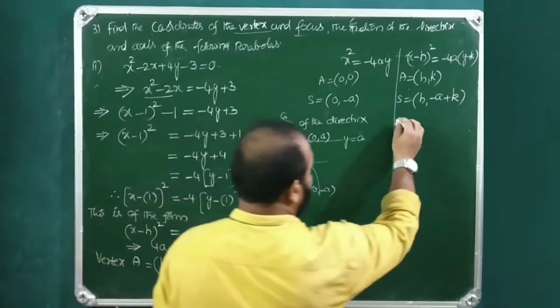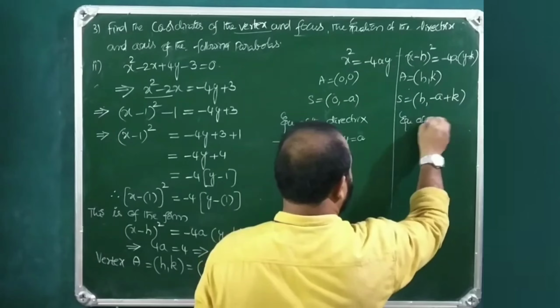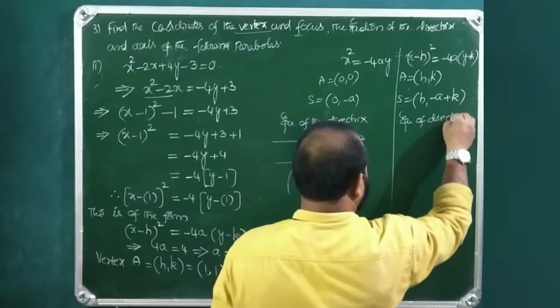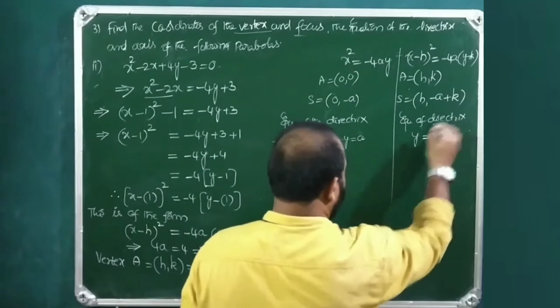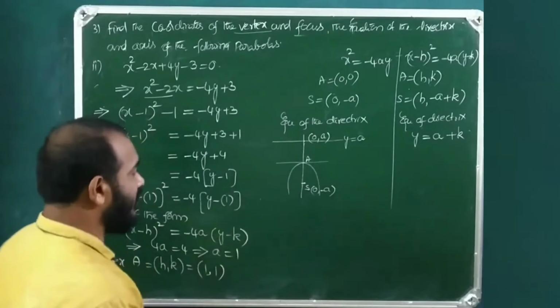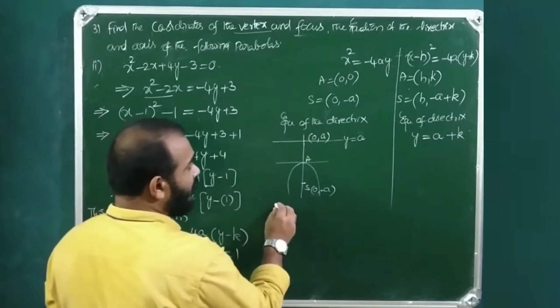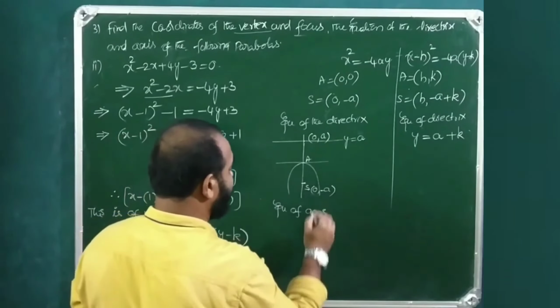Here, the equation of the directrix is y equals a plus k, as k would be added with this. And the equation of the axis. What is the axis?